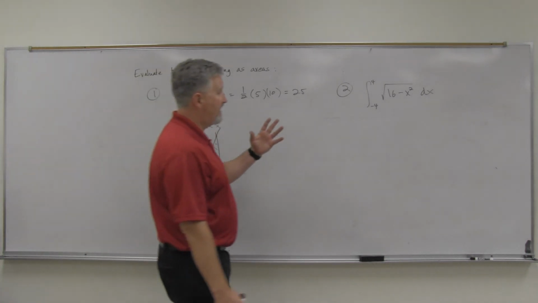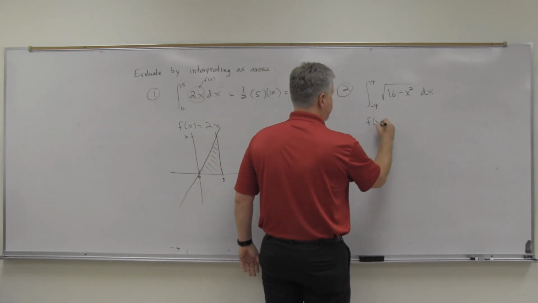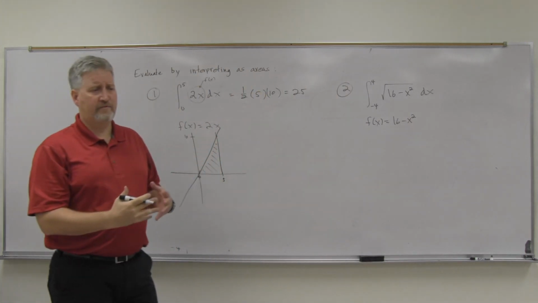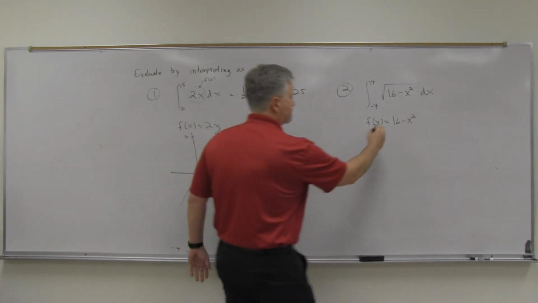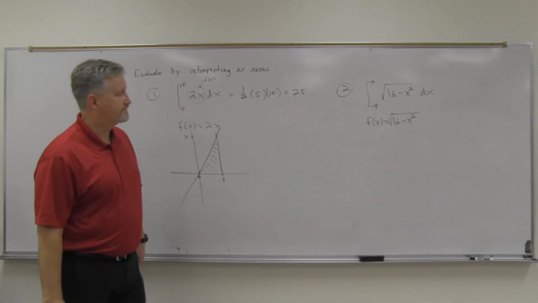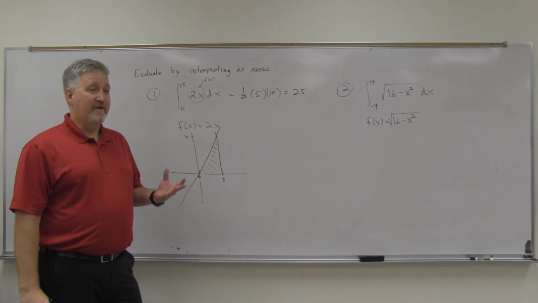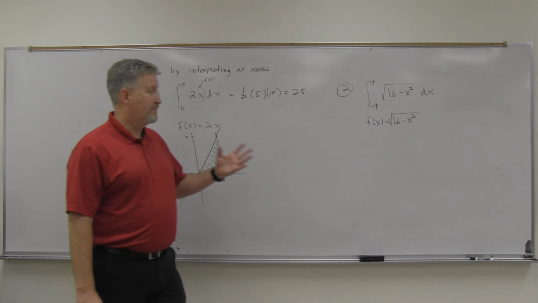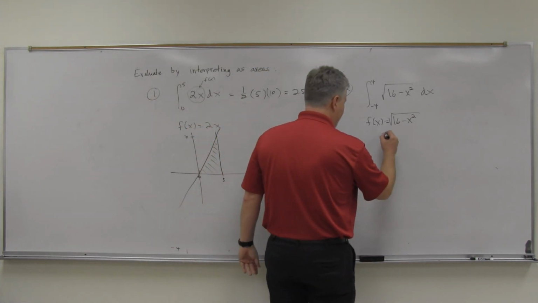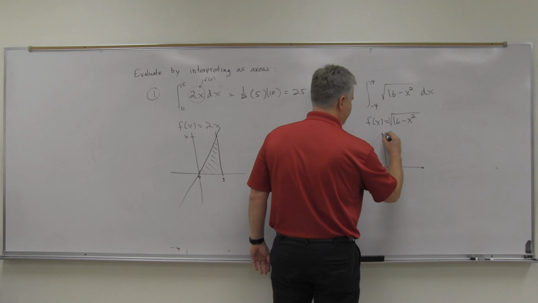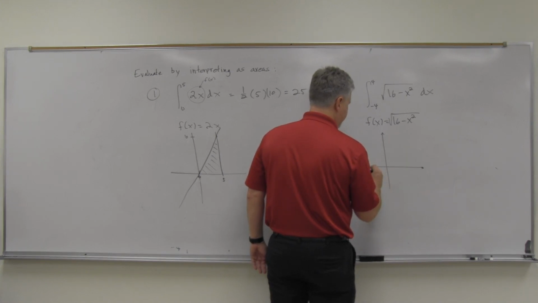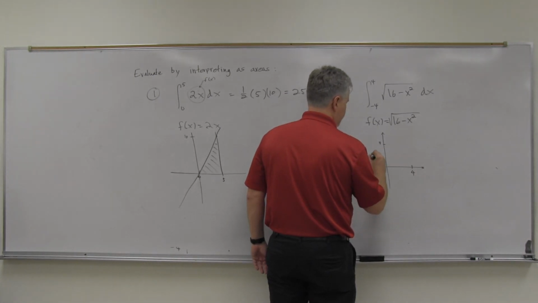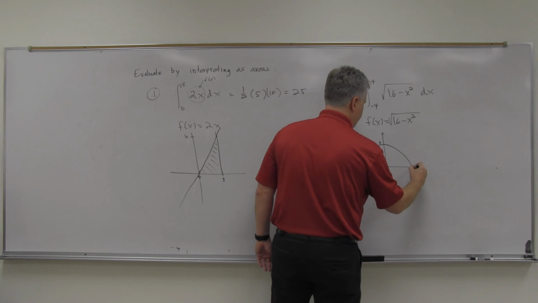Because what I have here, again, this is my function, and maybe you don't recognize that. Maybe you do, but does anybody recognize what shape that is? If you graph it on your calculator, it'll give you a distorted view of it, but it's a semicircle.